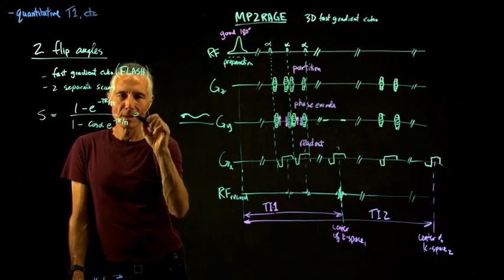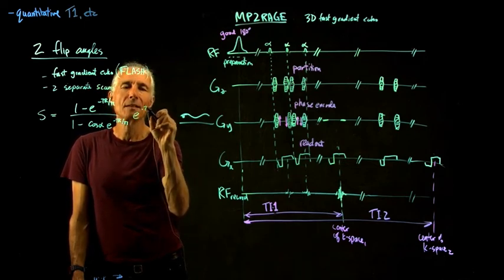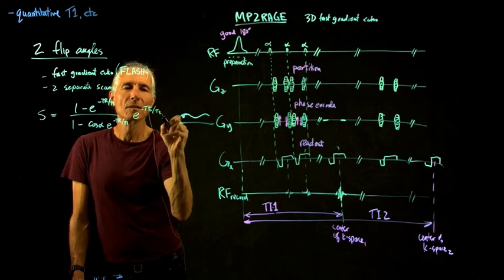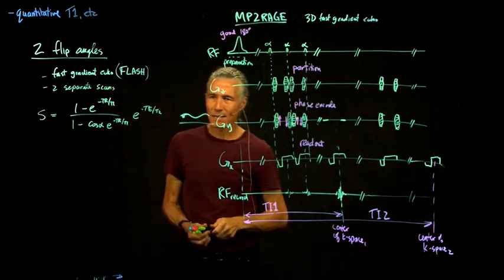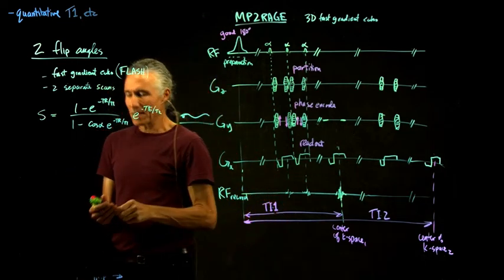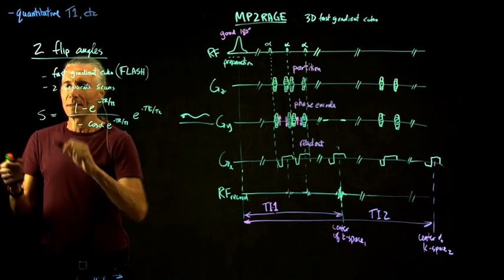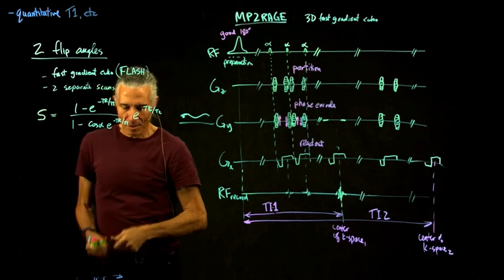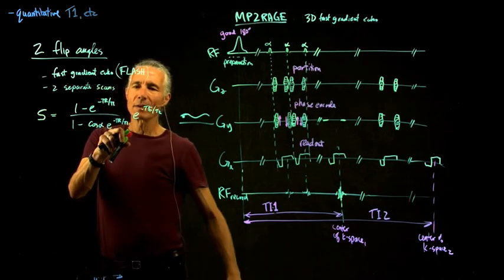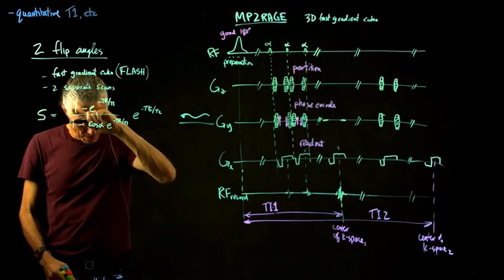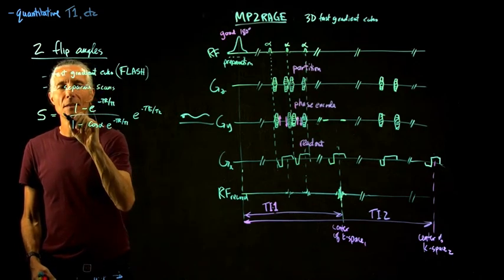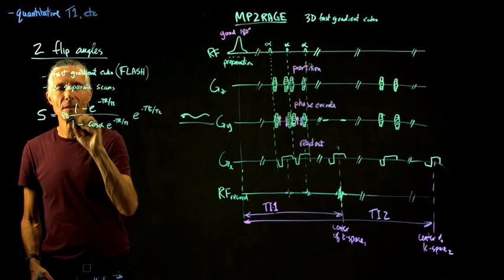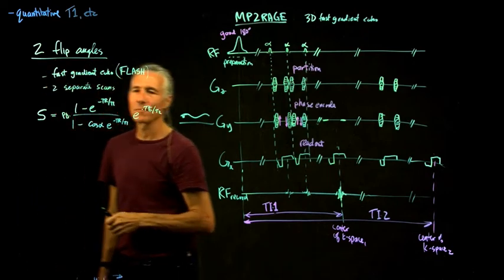And then it was multiplied by e to the minus TE over T2. So that's kind of a complicated equation. We have two equations like this now because we collected two scans. Sorry, I forgot the proton density. So we'll put PD here, proton density in there.